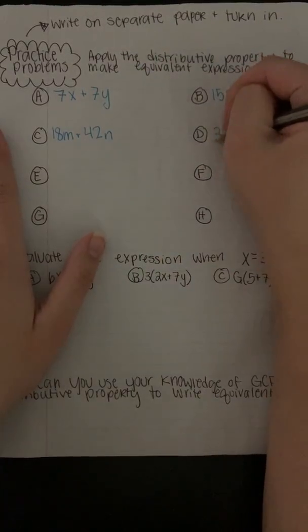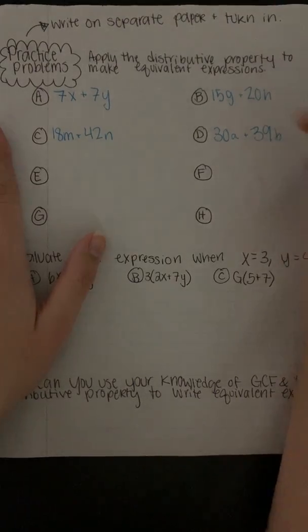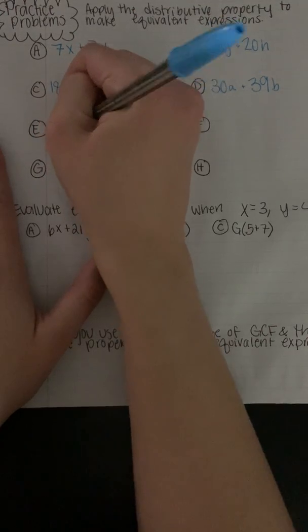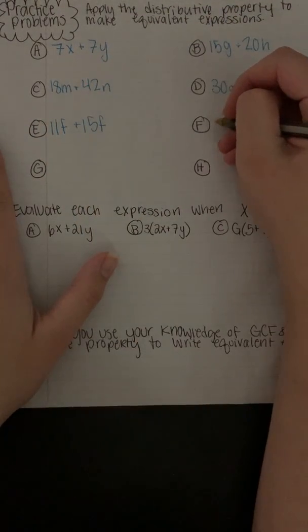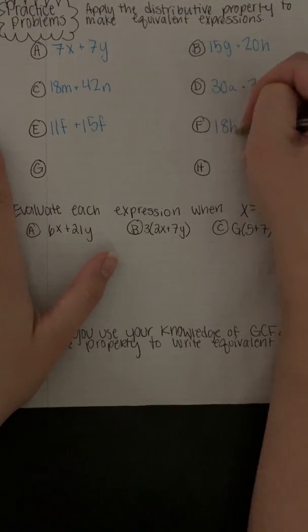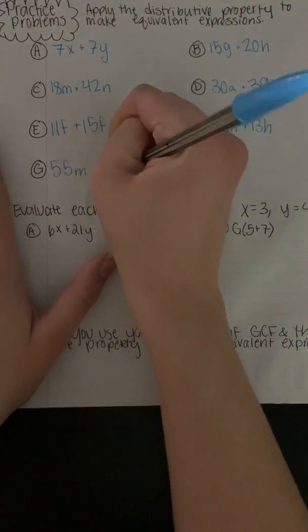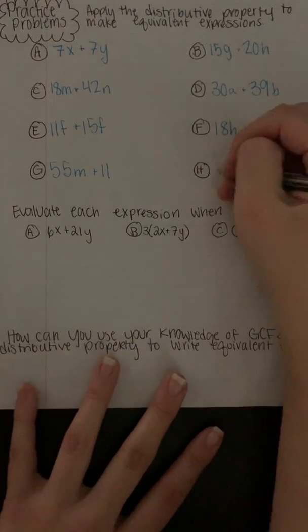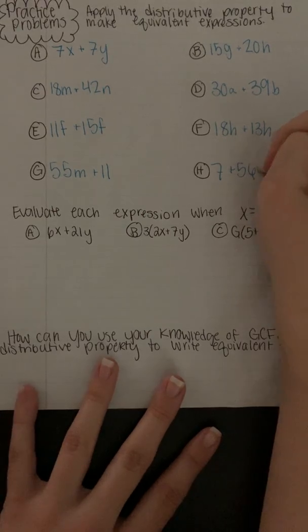D, try 30a plus 39b. For E, I want you to do 11f plus 15f. Letter F, do 18h plus 13h. G, 55m plus 11. And then letter H, try 7 plus 56y.